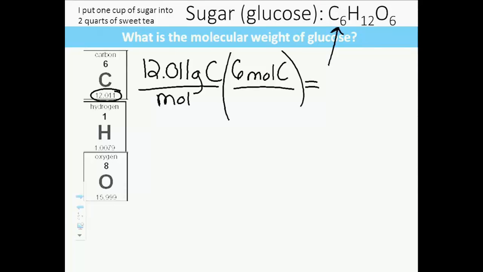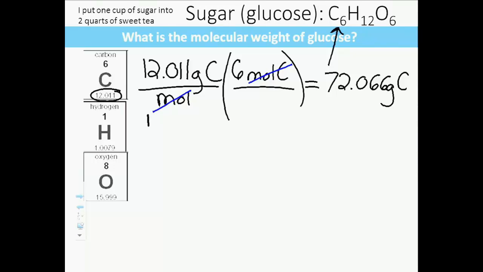So, to begin with, 12.011 times 6 equals 72.066 grams coming from carbon. If you notice, our moles canceled, leaving us with just grams.